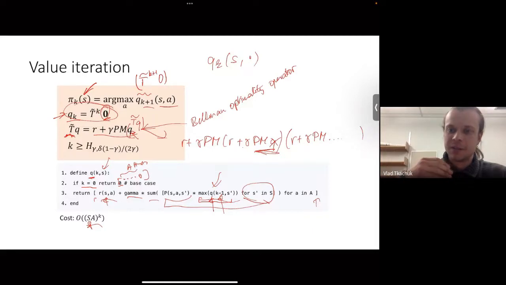But if we allow ourselves to have a table for the states and actions, then we can do this bottom up approach that you drew on the next slide, right? And then we no longer have this sort of exponential runtime in terms of the states and actions.